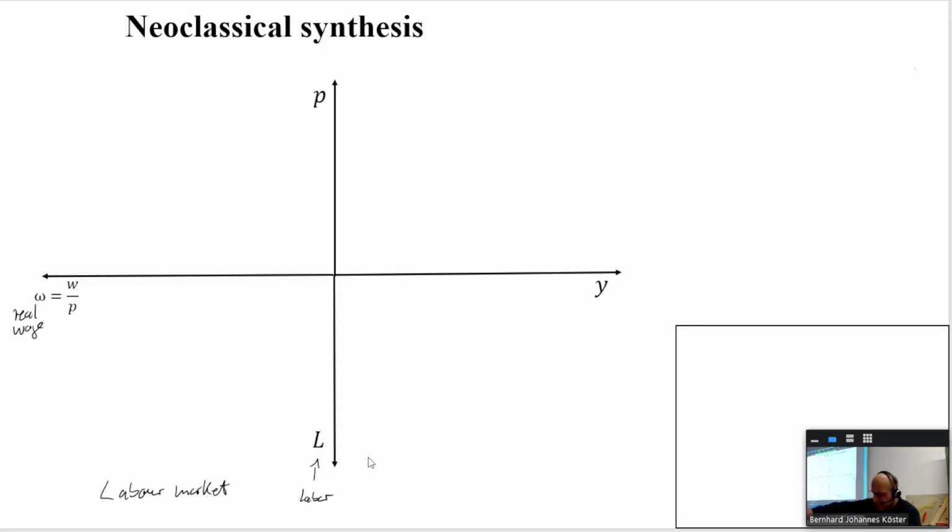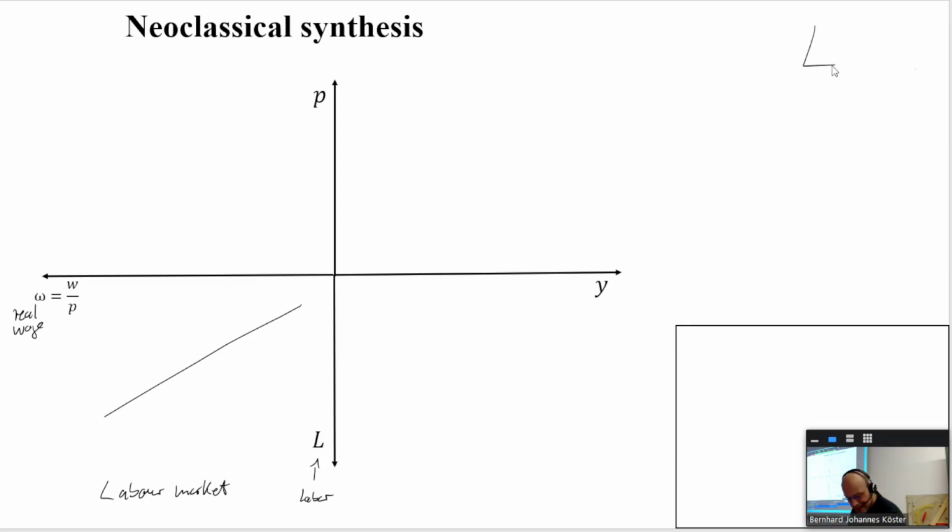Well, if we put real wage to the left and the amount of labor downwards, then of course labor supply is a function which is starting from the upper right side going down to the left side.